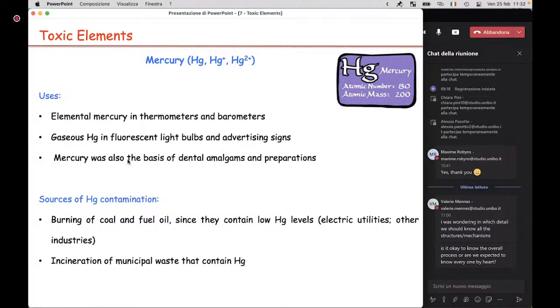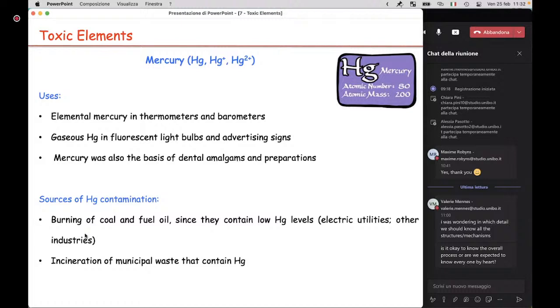However, mercury can be present in the environment also due to contamination, since it is very frequently present in coal, in oil, in gasoline, and so when they are burned, mercury will evaporate into the air.